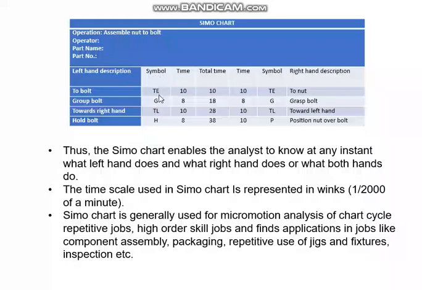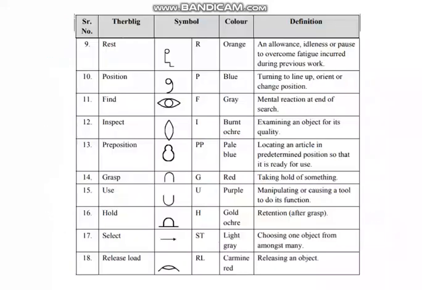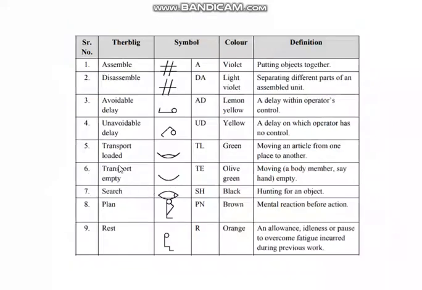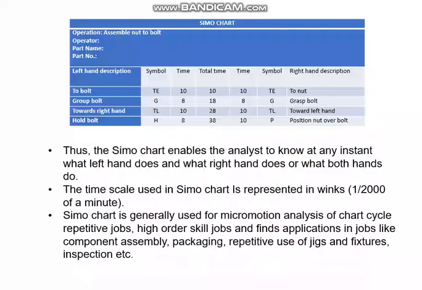T, G, T, L, H. T means transport empty. G is grasp, isn't it? You can see here. TE is transport empty, like that. TL is transport loaded, H is hold. And here T, G, TL, P.